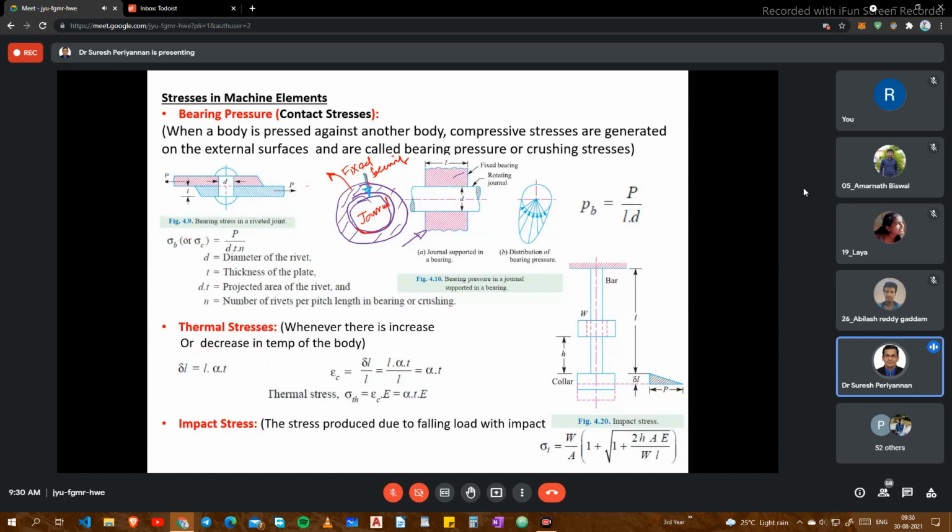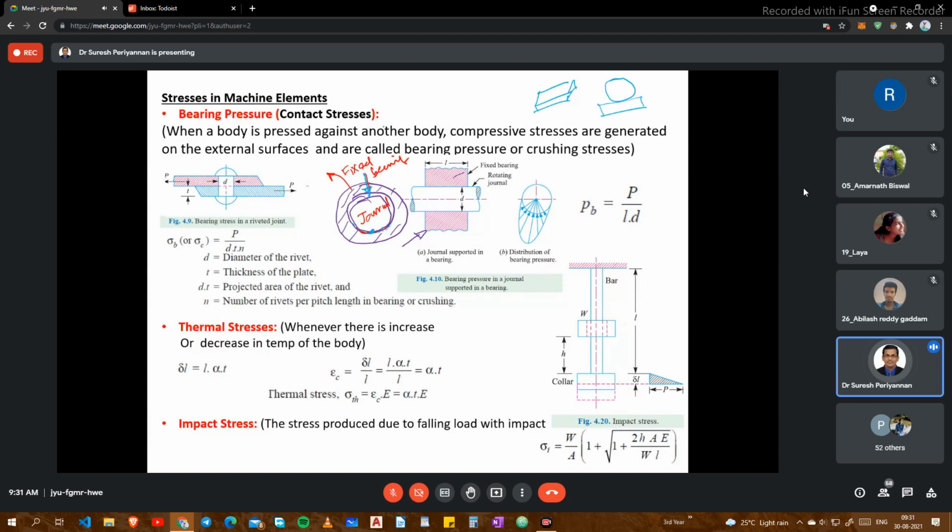The force is acting in this region only. The bearing pressure acts in this region, with the maximum bearing pressure at the point of contact. Because if you take a planar surface it occupies more space, but when you take a cylindrical object and keep it on a plane surface, it is mostly a point contact, right?